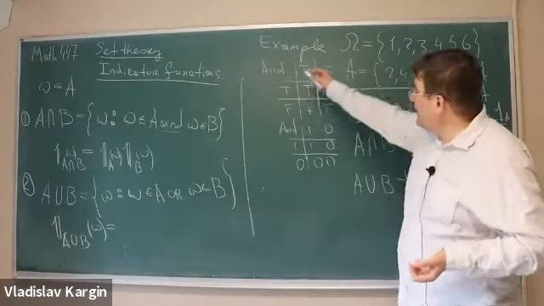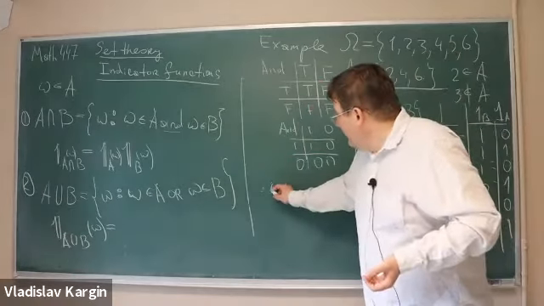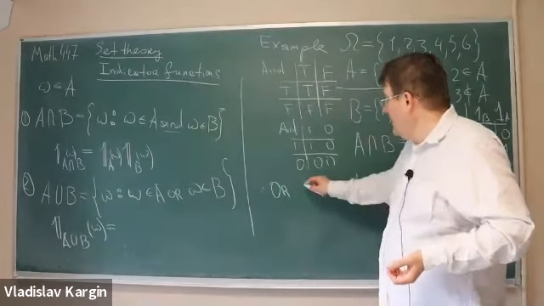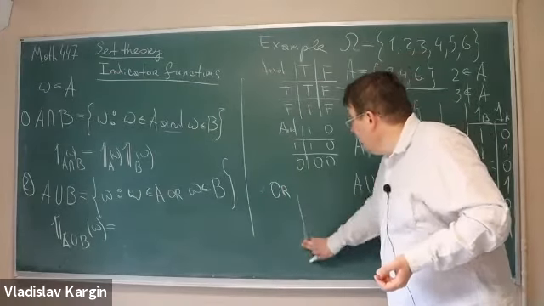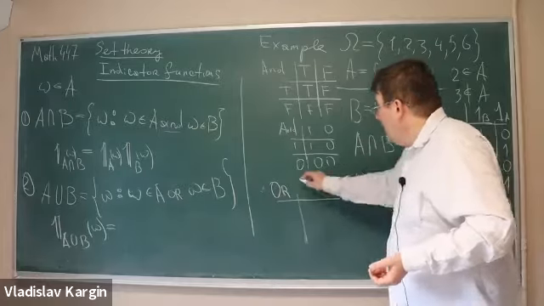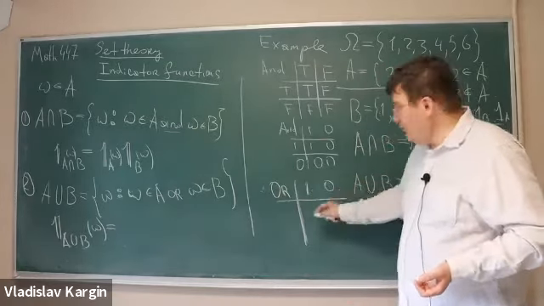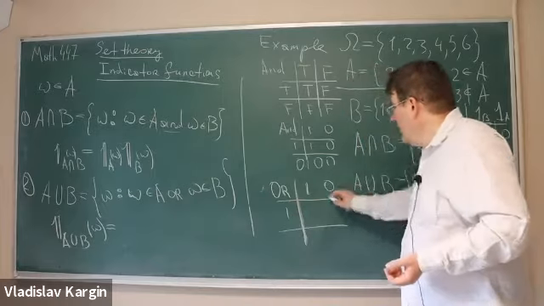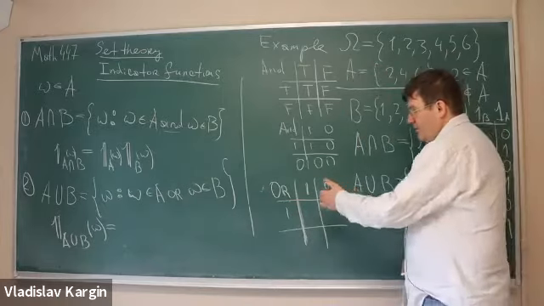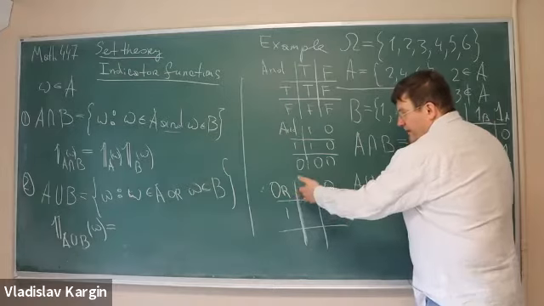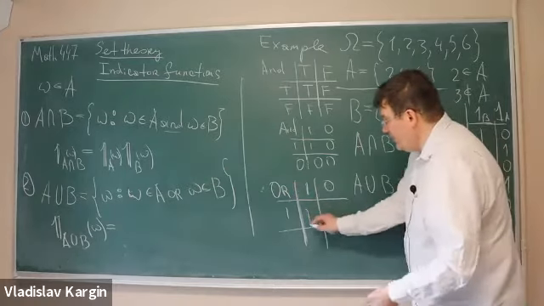Okay, so we write what OR means. Let us write it immediately in terms of ones and zeros. So 1 means true, 0 means false. So if 1 and 1 are true, the result is 1, true.